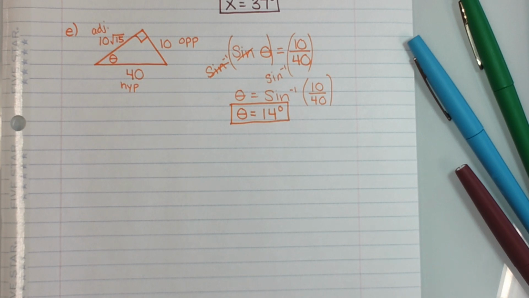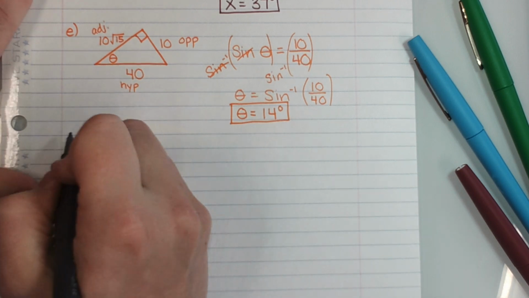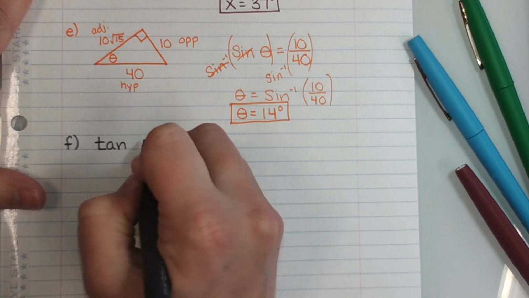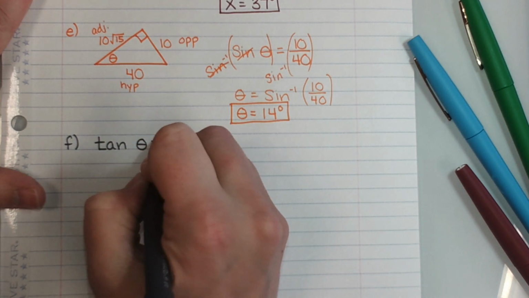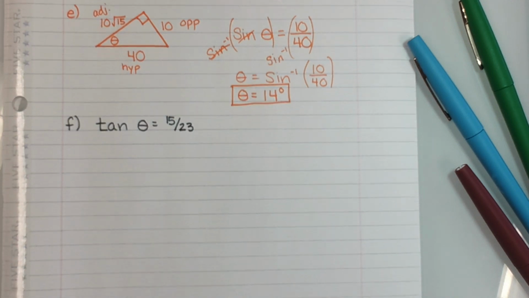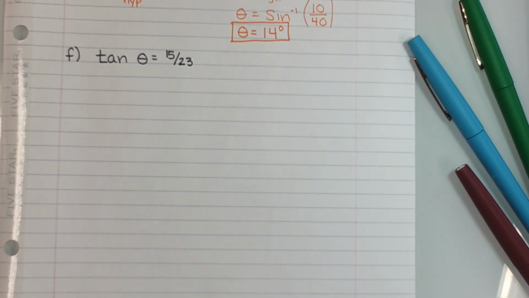A couple of other little things that you're going to see pop up, but otherwise, for the most part, we're doing the same things. Sometimes you might see problems like this, where it's also asking you to solve. The only difference here is I'm already giving you the trig ratio.